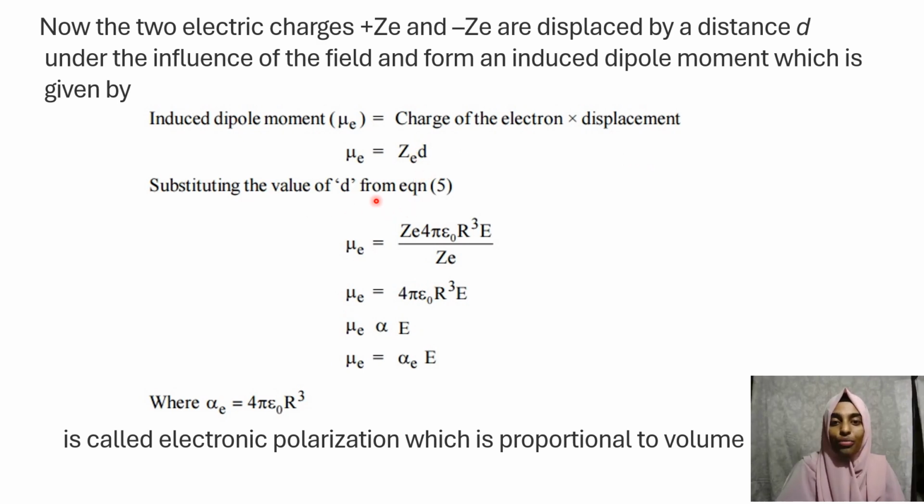Substituting the value of d from equation 6 and simplifying, we get alpha E, the electronic polarizability, equals 4 pi epsilon naught R cube, which is proportional to volume.